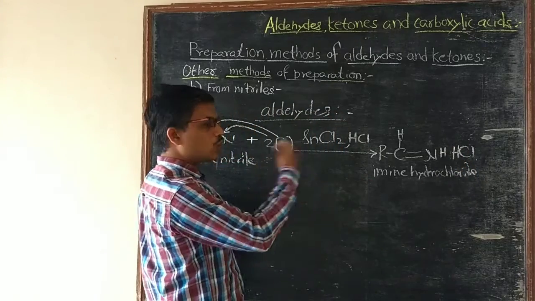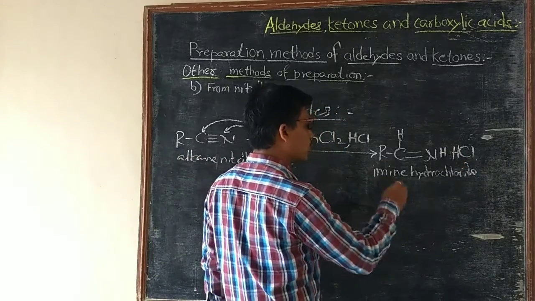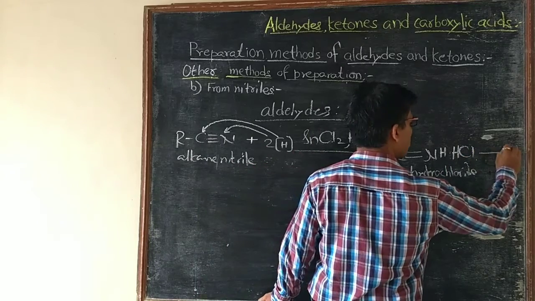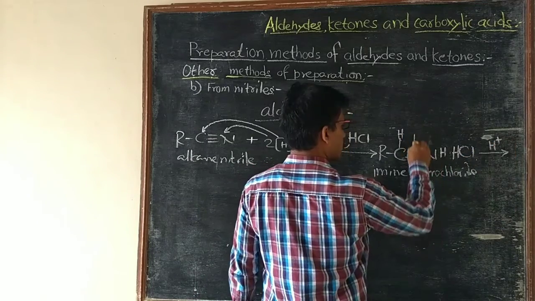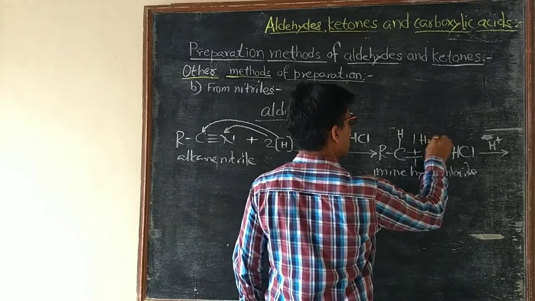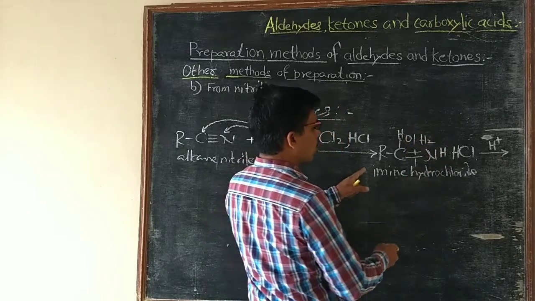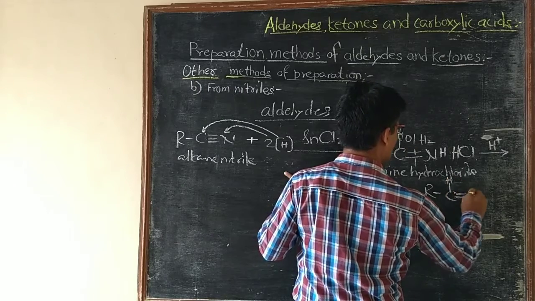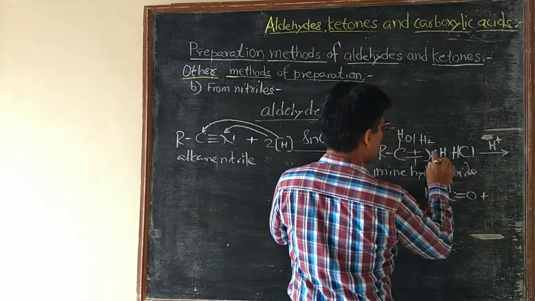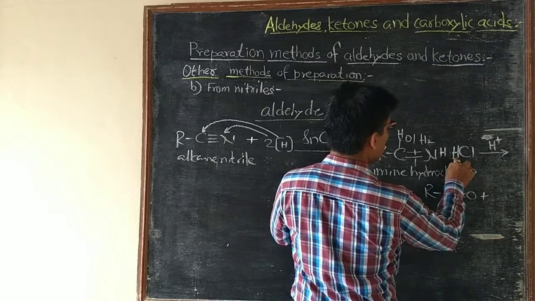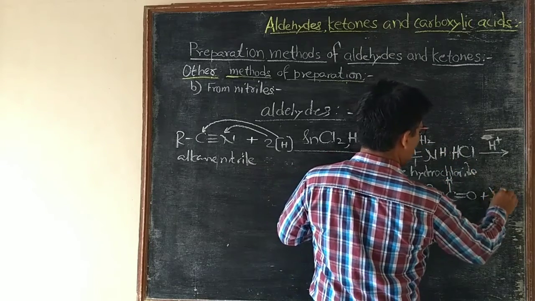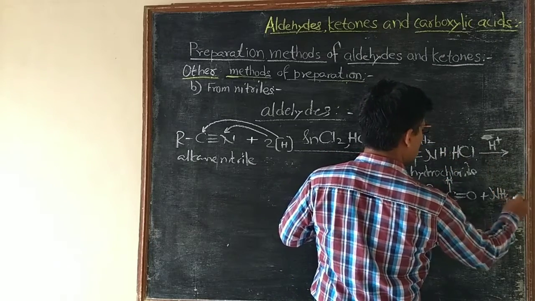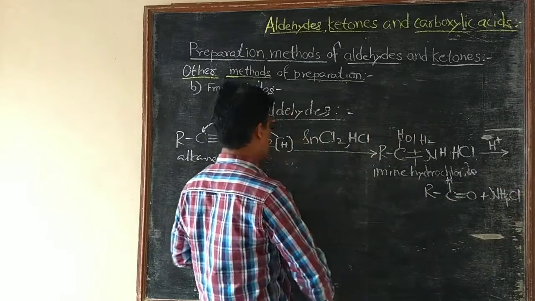This imine hydrochloride further undergoes hydrolysis in presence of acid to form RCH double bond O plus NH4Cl.